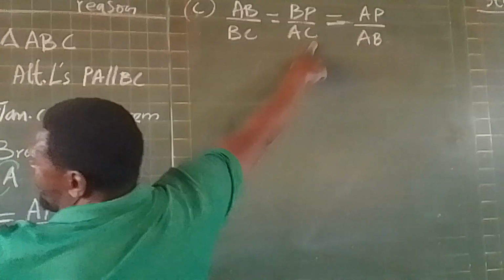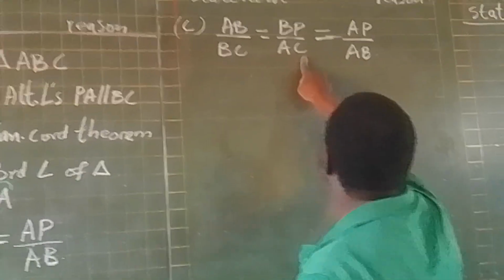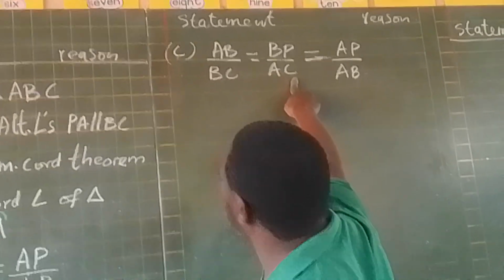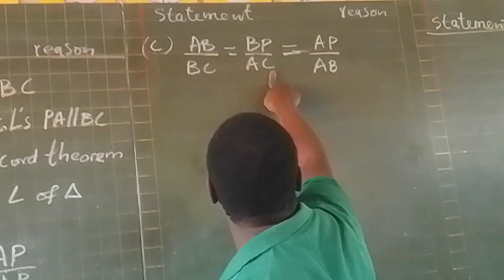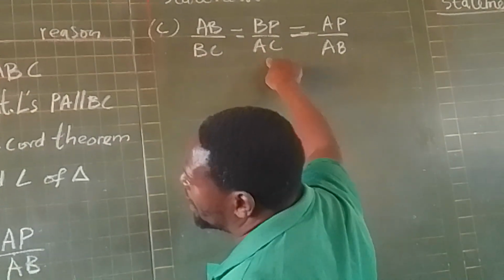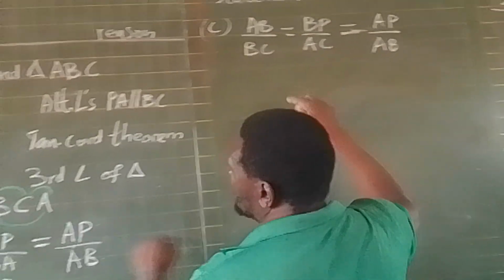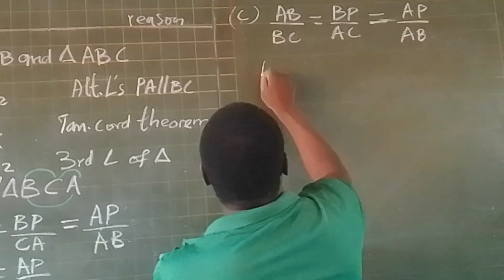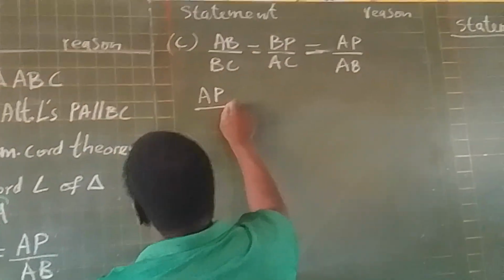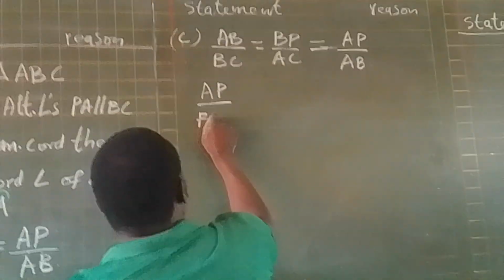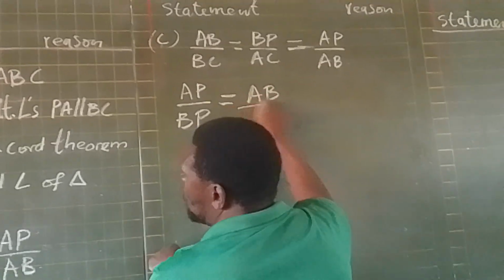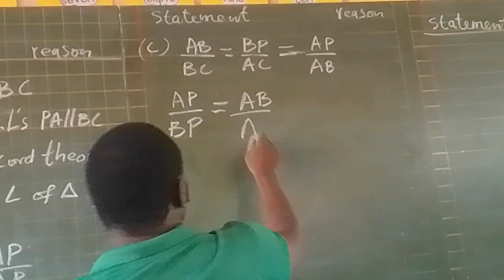And AB over AC. Okay, let me check it here. They want us to do AP over BP, which is equals to AB over AC.